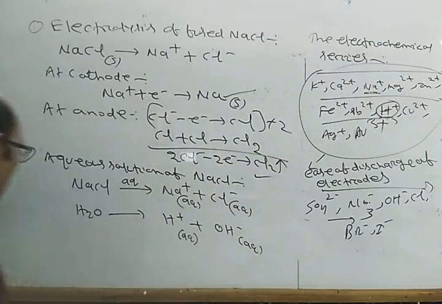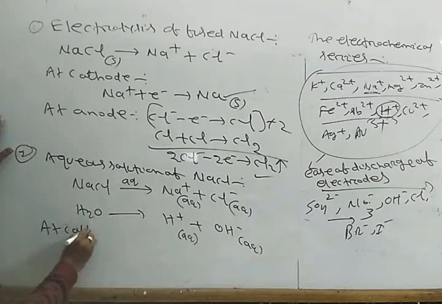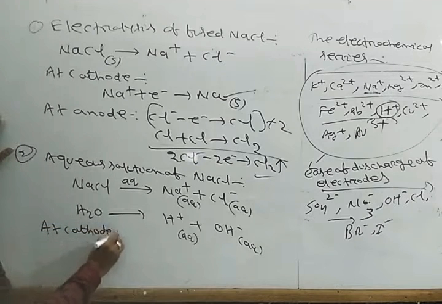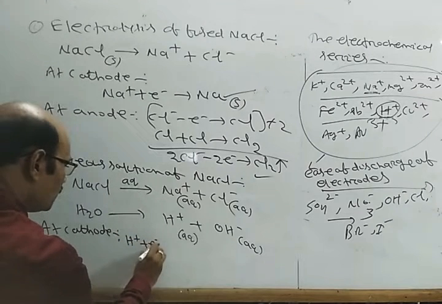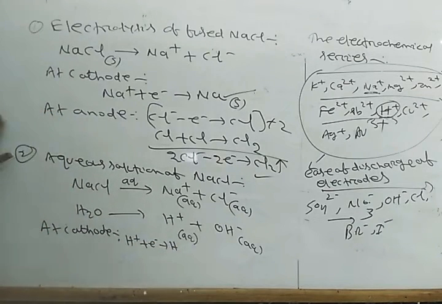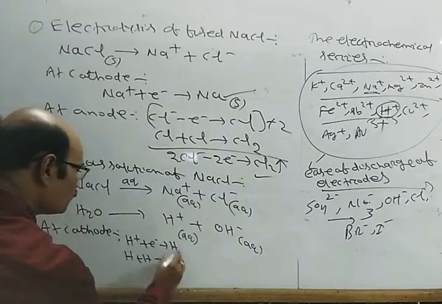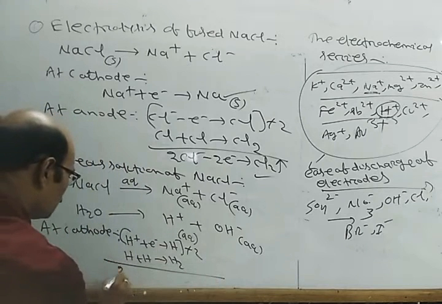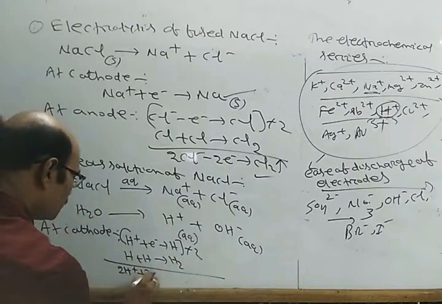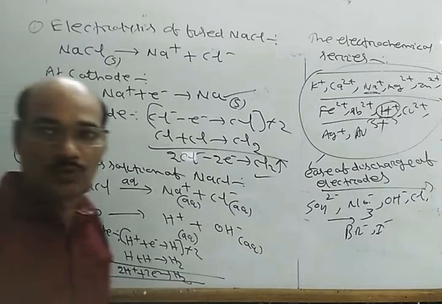So what happens at the cathode? We have H+ plus electron giving H2. So I can write 2H+ + 2e- gives H2.